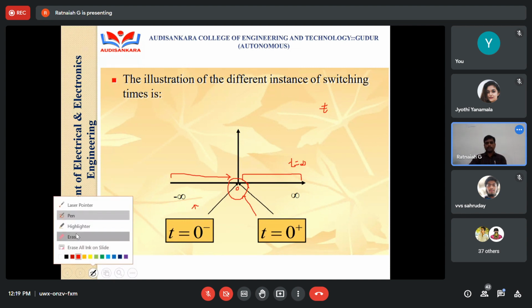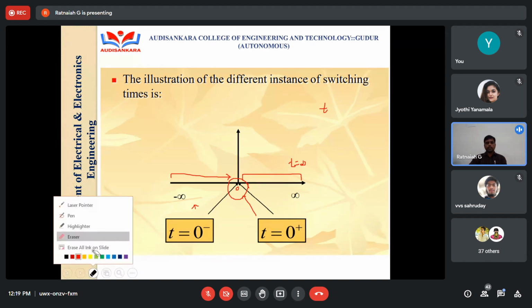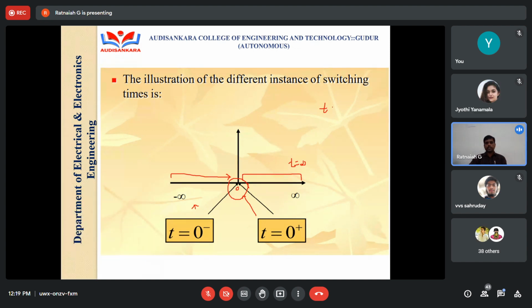First, t equal to 0 minus, that is before switching. The next condition is t equal to 0 plus, that is after closing the switch immediately, what is the behavior. And finally, we can calculate the values at t equal to infinity.